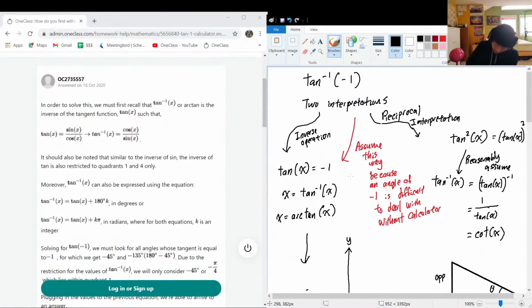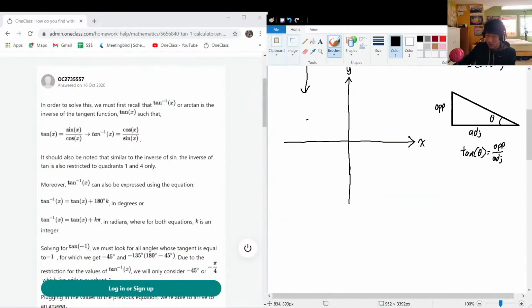Actually, whoops, I should not write that these are for -1 as argument. Okay, so you see, we're just inverse tanning both sides. So the -1 is equal to opposite over adjacent equals -1.